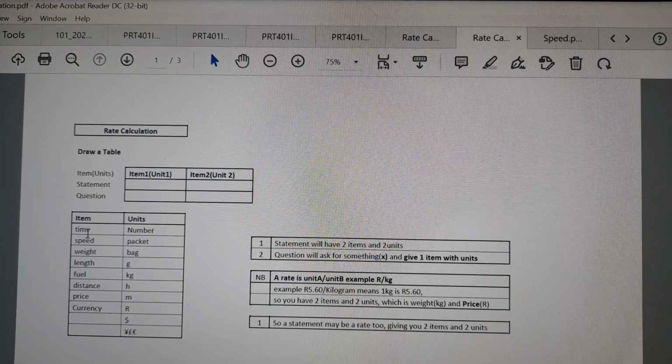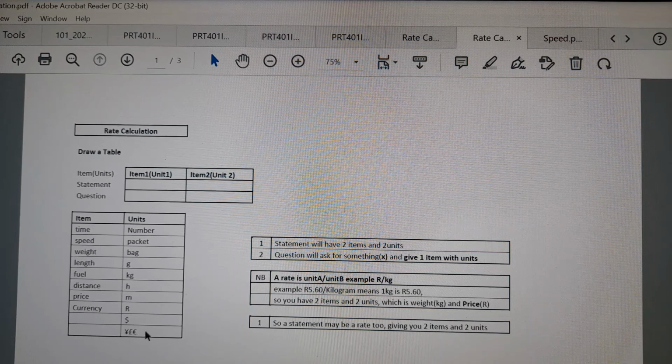So an item can be time, speed, weight, length, fuel, distance, price, currency, and many more. Okay, but the units can be number, packet, bag, gram, kilogram, hours, meters, rands, dollars, and all these other currency signs that I've put here.